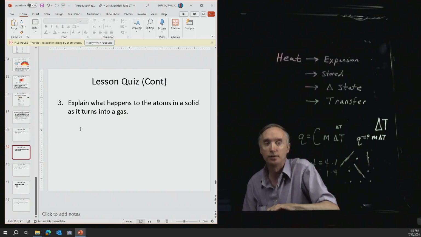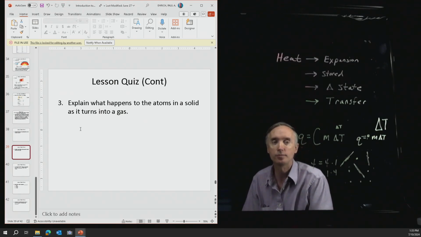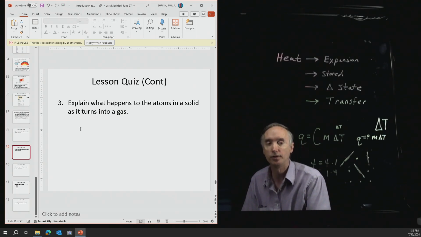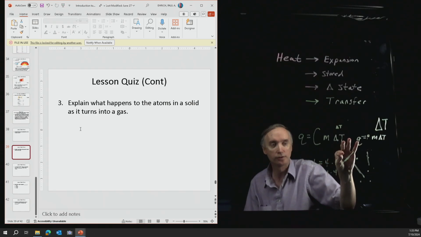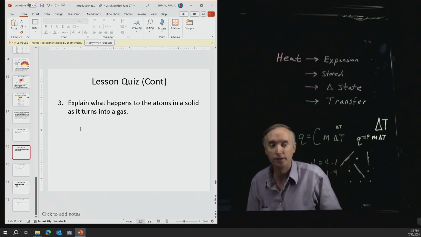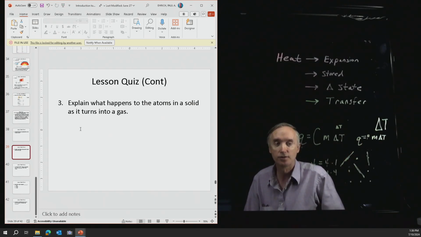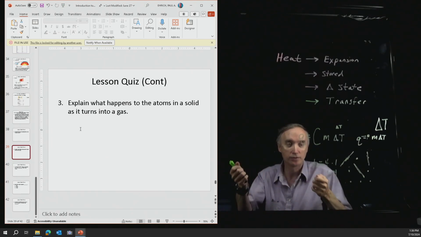Question number 3. Explain what happens to the atoms in a solid as it turns into a gas. So as we continue to add energy to the solid, these amplitudes get larger and larger until finally they break. So that's like stretching a rubber band too much.